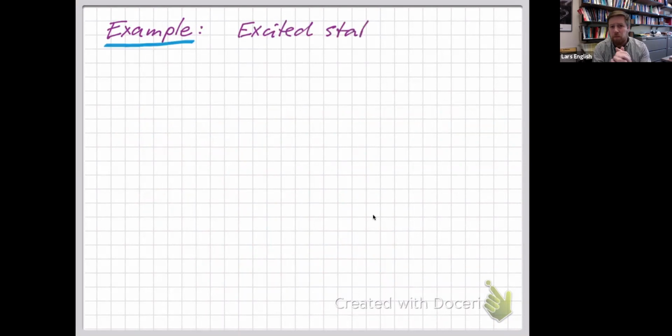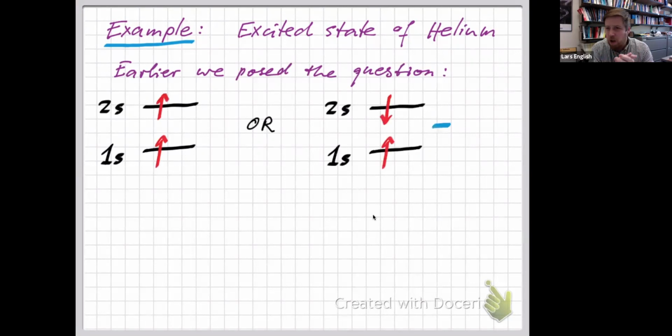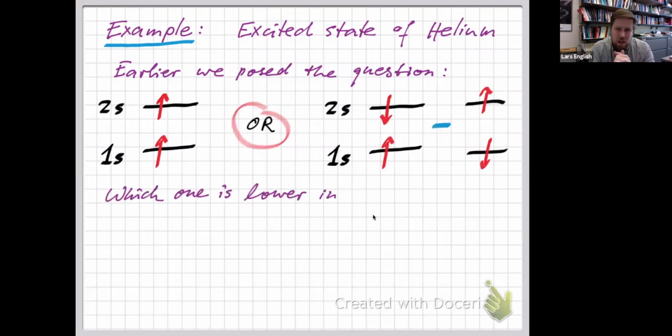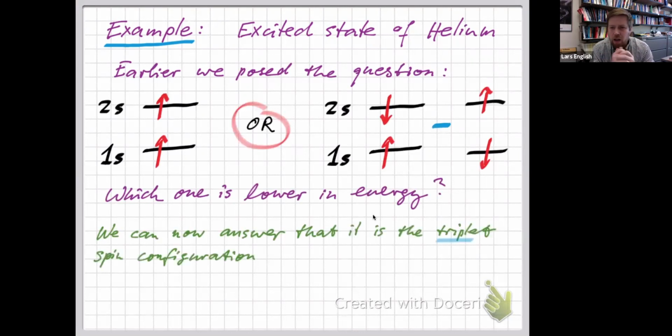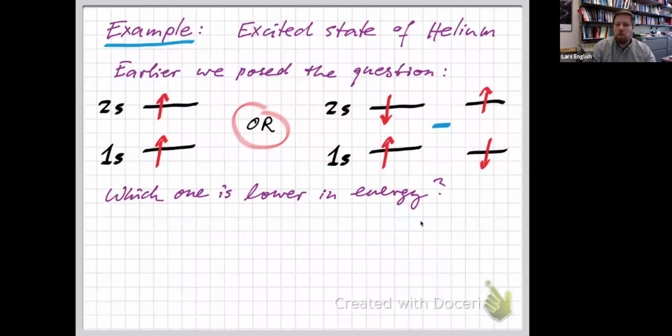Okay, and so let's go back to the thing that motivated this entire interlude. We wanted to figure out which of these scenarios is lower in energy. Can we answer that question now? Which one is lower in energy?